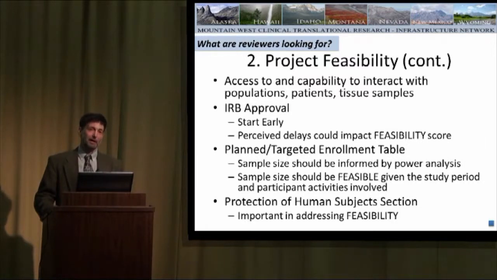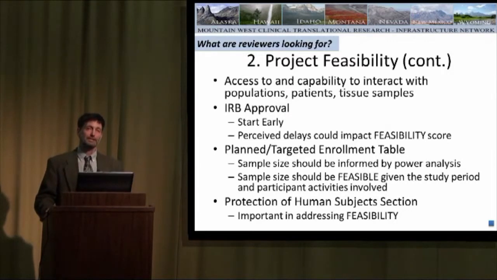Describing how one is going to obtain the patient samples, the patient records, if that's appropriate, the biological samples, access to populations, how that is all going to work, the mechanics of that even. An area where one can address this partly is in the protection of human subjects section, because you are limited as an applicant to this program on space in terms of approach.